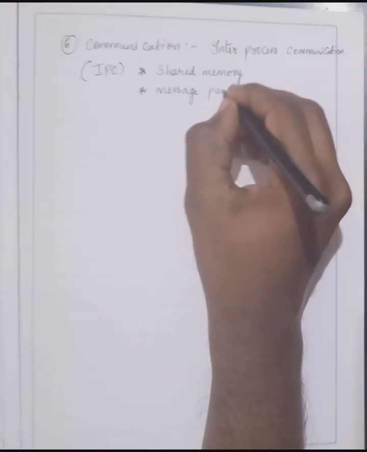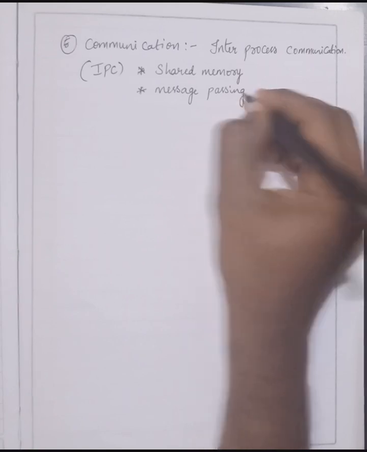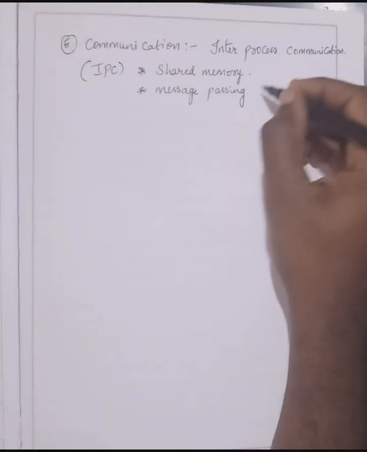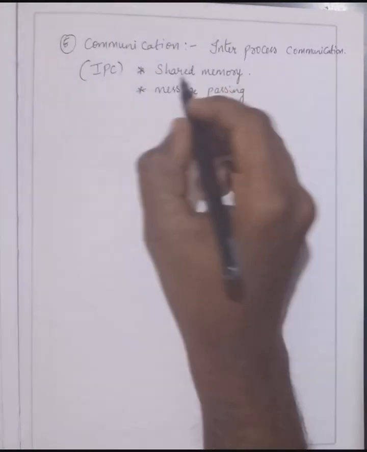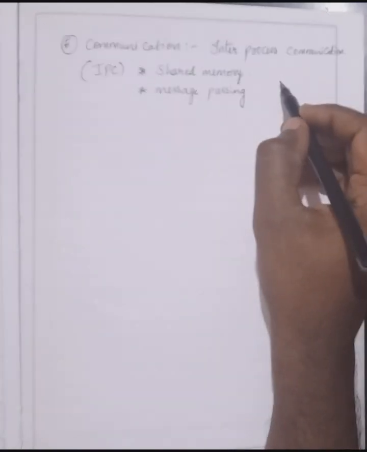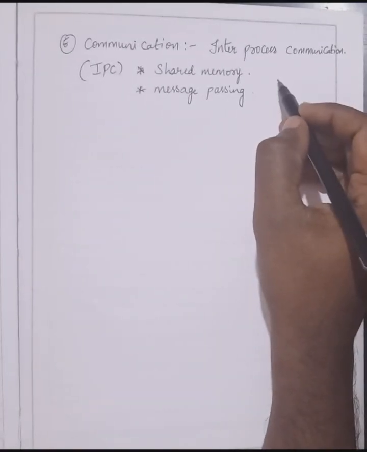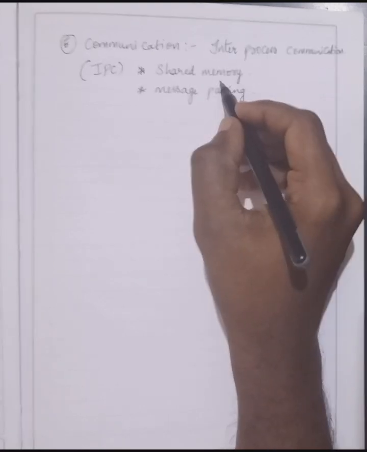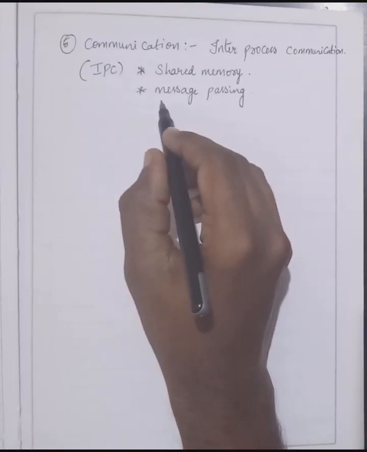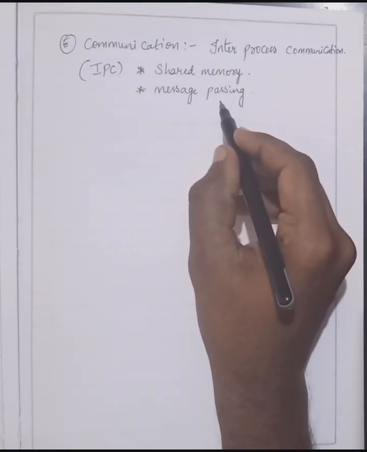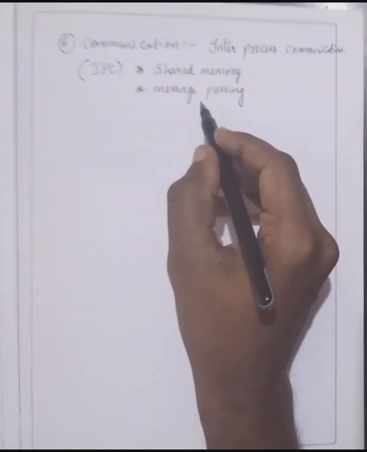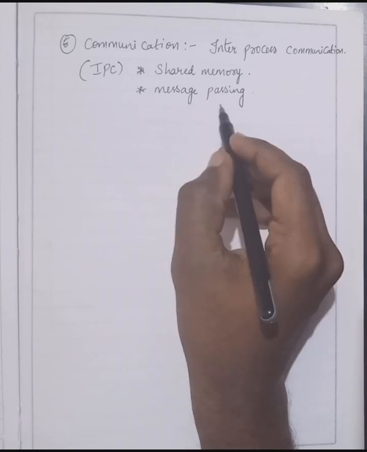Once again, inter-process communication happens in two ways: shared memory and message passing. Shared memory means the processes have a common memory, so whatever changes one process makes, the other process will come to know. The second one, message passing, means the message or data is passed between one or more processes.